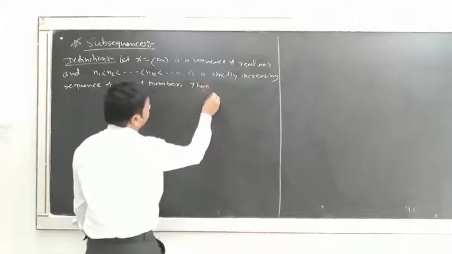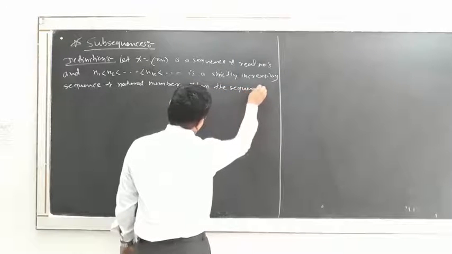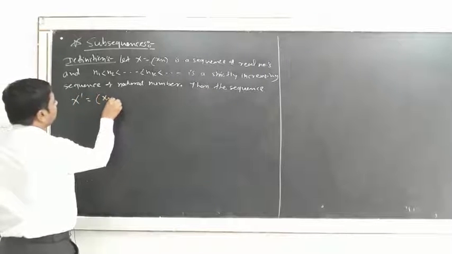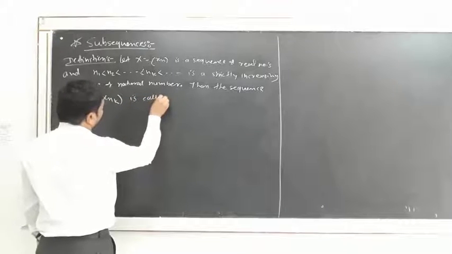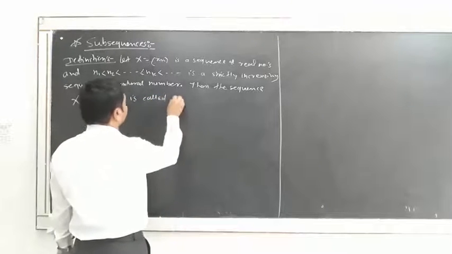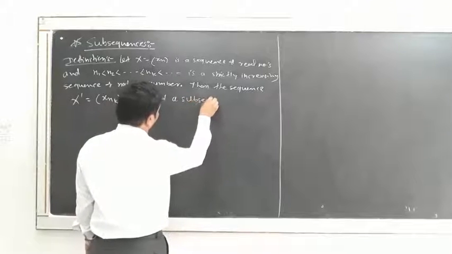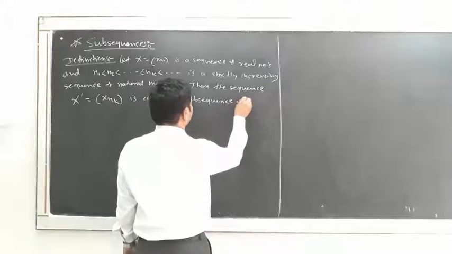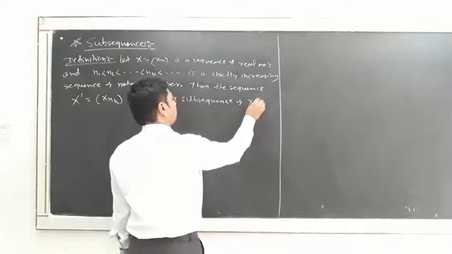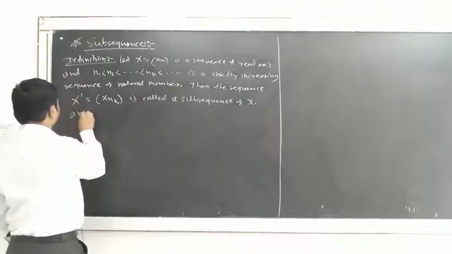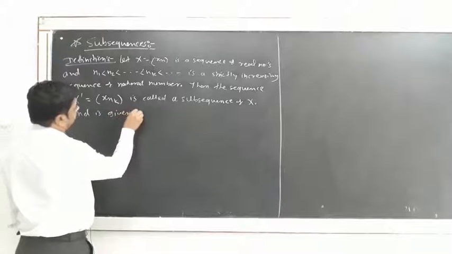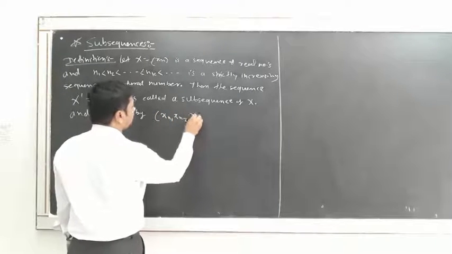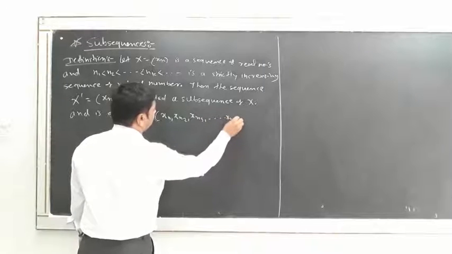Then the sequence X dash, equal to (xnk), is called a subsequence of X and is given by xn1, xn2, xn3 and so on, xnk and so on.